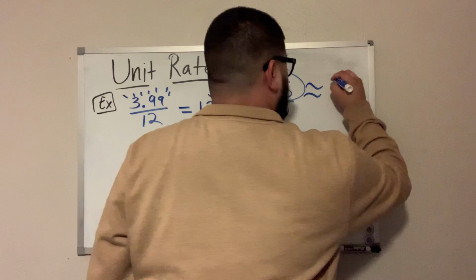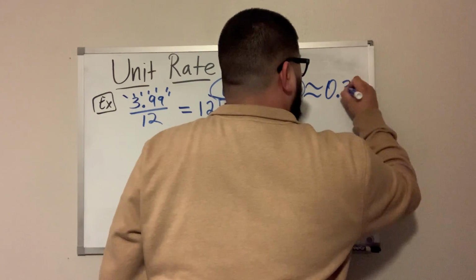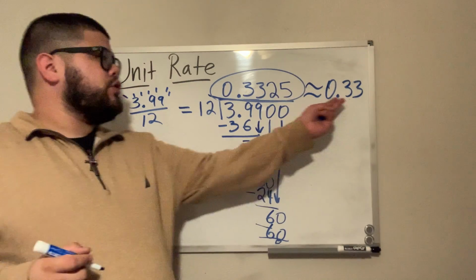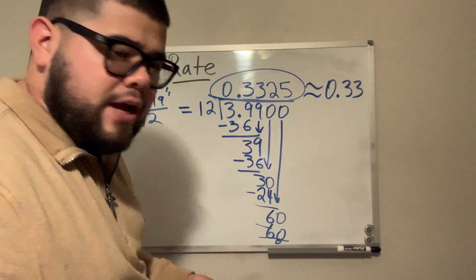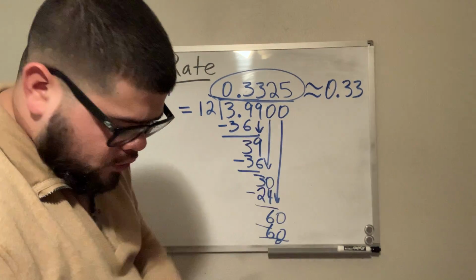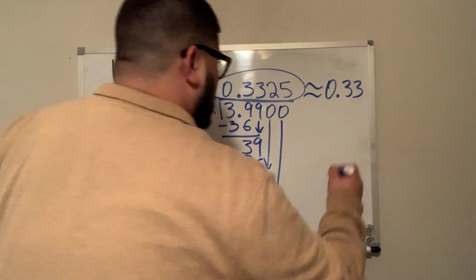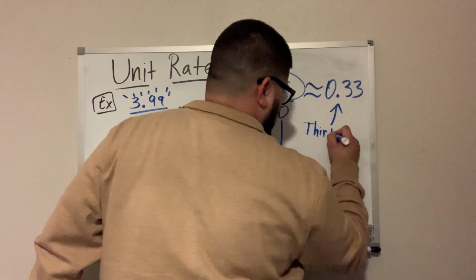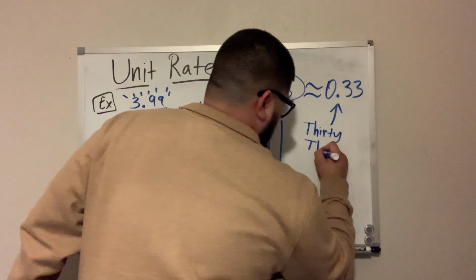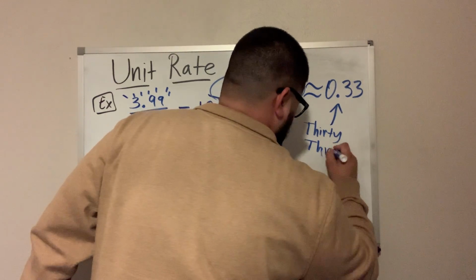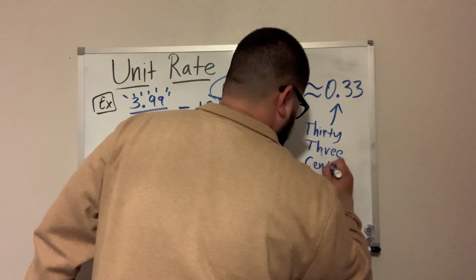This is approximately 33 cents or 33 hundredths, right? 33 hundredths. And so what this means for us, again, let me put a little arrow here and write this in words. 33 cents, right?